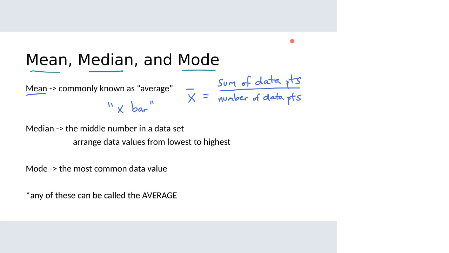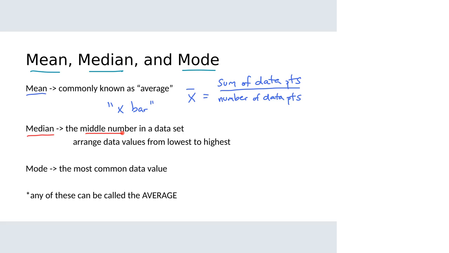The next measure of central tendency we're going to look at is the median. I mentioned that the median on exam 2 was an A, and maybe you already knew what the median was, maybe not. Well, now we get to talk about that. The median is the middle number in a data set. It's really important to note that it's the middle number, not just however they were given to us in some random order.